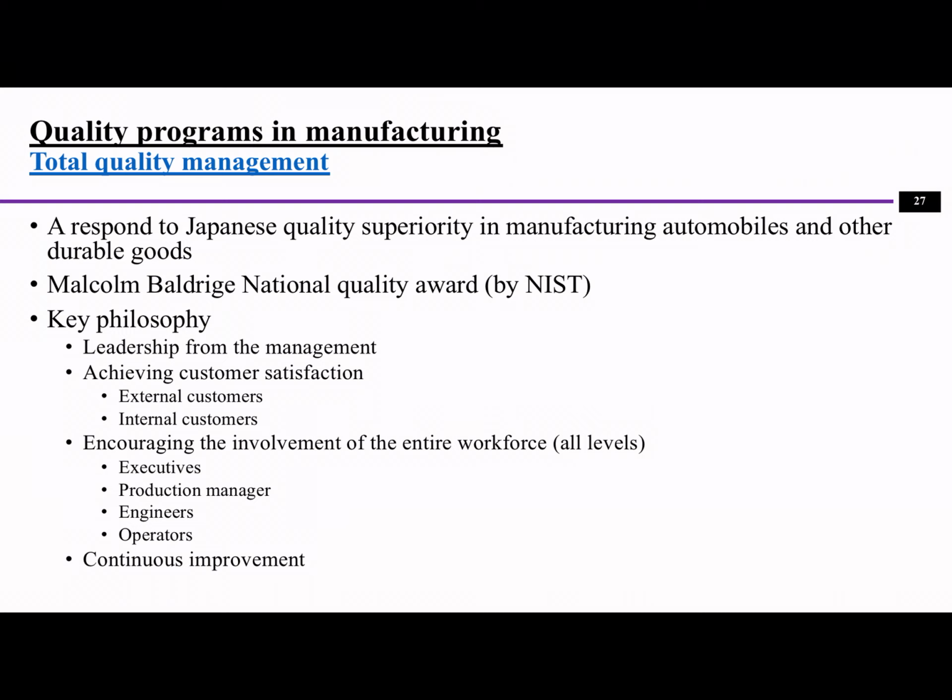Not just the management, but also the operators, engineers, production managers, executives. Everyone should be involved in quality control, right? And not only that, we also need to consider the customers, internal customers and also external customers, and look at what their needs are and whether their needs are satisfied or met, right?